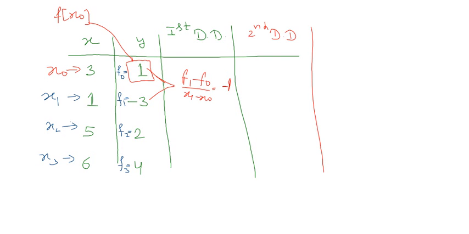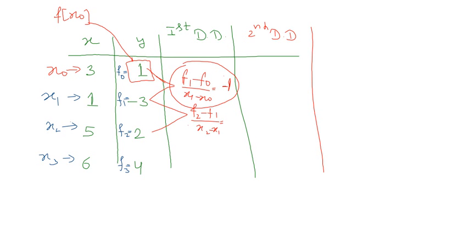Now for the second divided difference, you need this as well as the first divided difference of the next, from the previous formula. So the next is f2 minus f1 divided by x2 minus x1. That is 2 minus 3 divided by 5 minus 1. Wait, this is wrong.